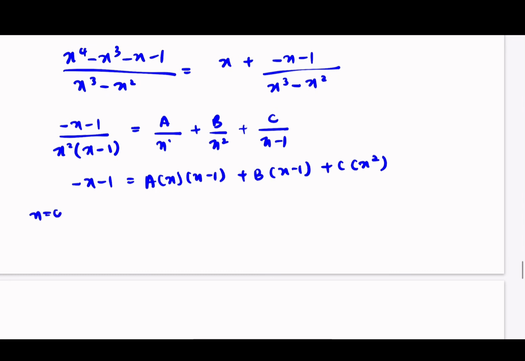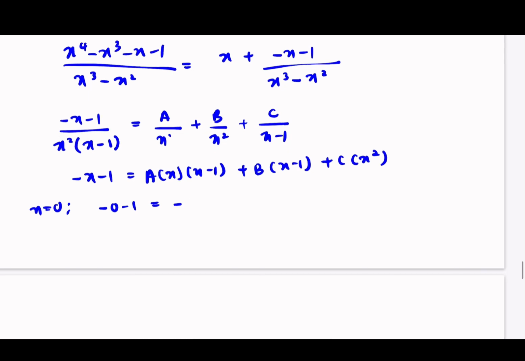So, bila X sama dengan 0, so negative 0 minus 1 equal to 0, 0 minus 1 adalah negative B. So, we got B is equals to 1. So, bila X is equals to 1, so negative 1 minus 1 is equals to C. So, C is equals to negative 2.